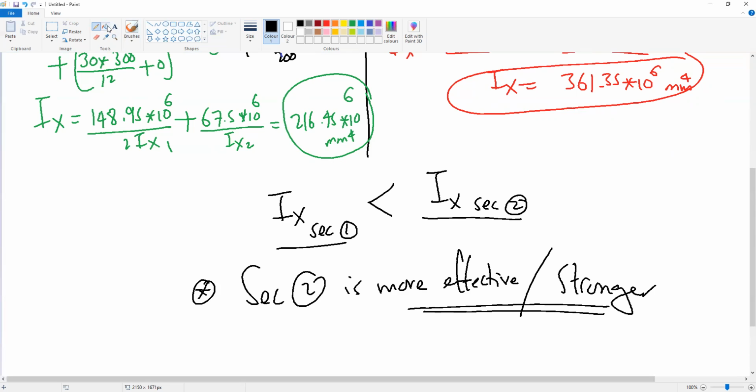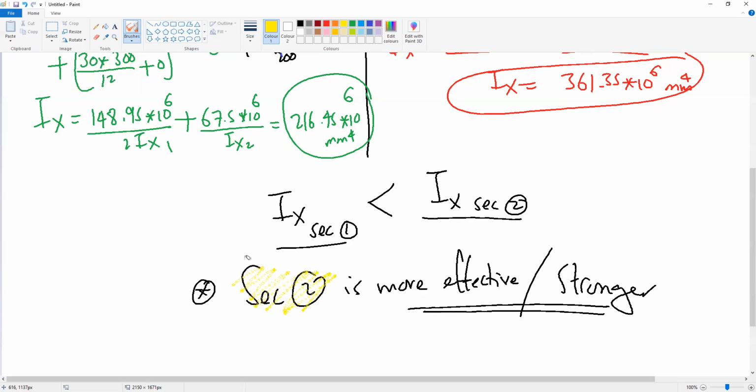Section 2 is more effective, or stronger than section 1. Okay, section 2 is more effective. So this is the first part, to find the inertia and know which one is more effective.